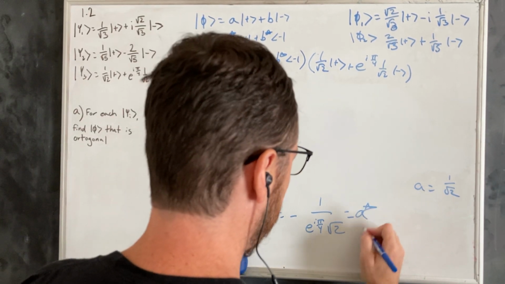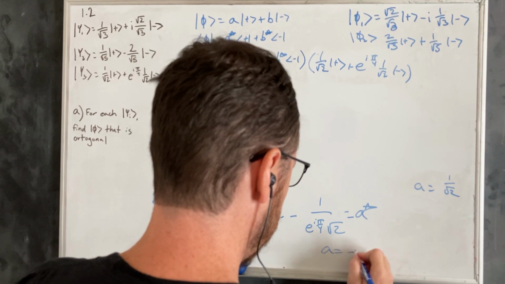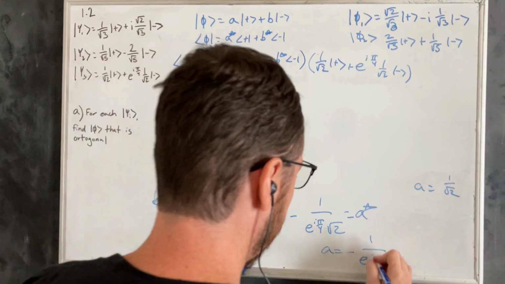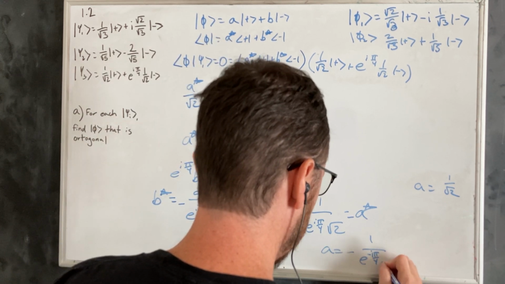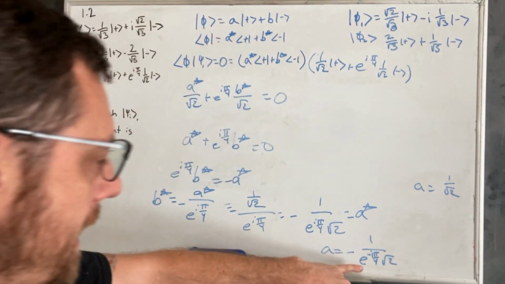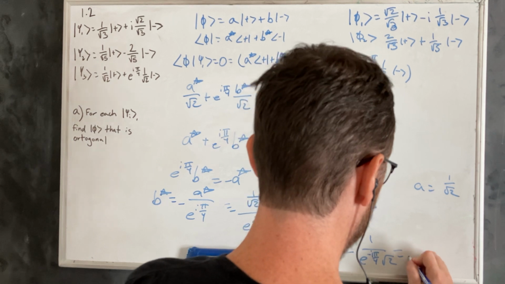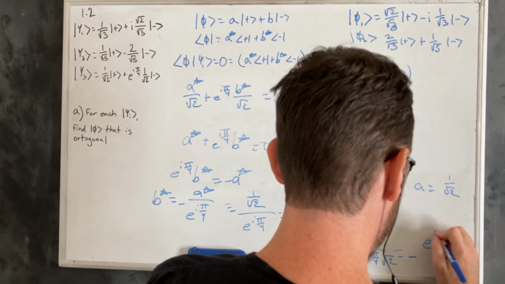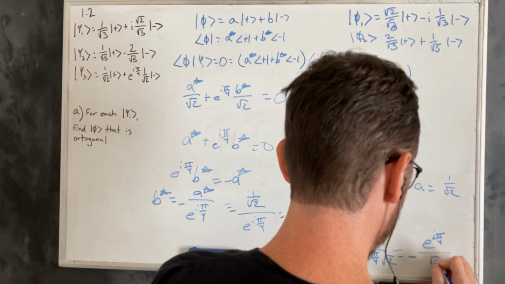So to complex conjugate this, then a would be equal to negative 1 over e to the negative I pi over 4 root 2. And because this is a negative exponent, we can bring that to the numerator. So then that would be equal to negative e to the I pi over 4 over root 2.